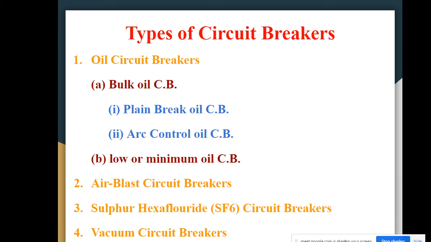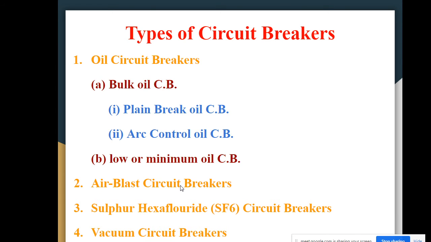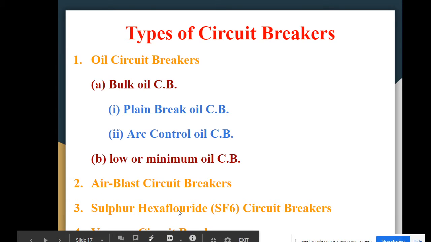In the oil circuit breaker, the medium is oil. In the air blast circuit breaker, air blast is the medium. In the sulfur hexafluoride circuit breaker, SF6 gas is the medium. And in the vacuum circuit breaker, vacuum is the medium between the contacts of the circuit breaker.